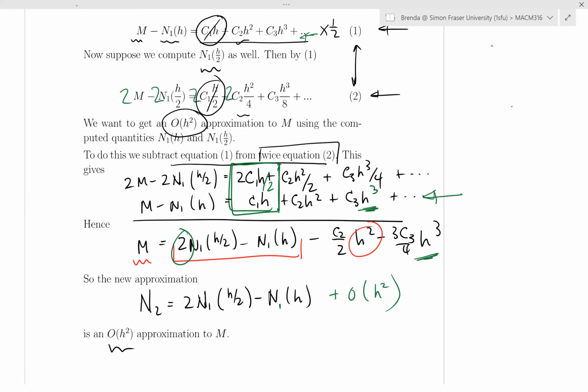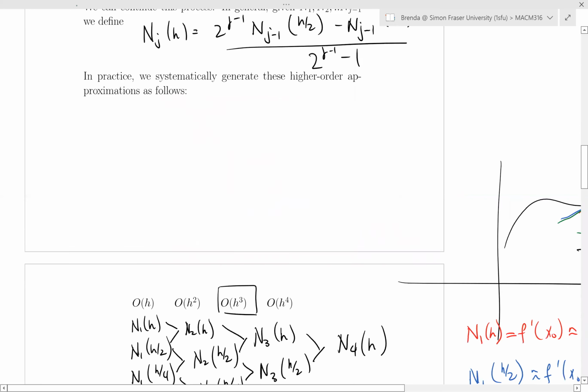Yep, you are correct. I can tell you how this happens, and I have not been able to get it out of my head. I'm writing C3 h cubed, and I'm thinking to myself, the next term is C4 h to the 4, and then the 4 comes down with the 3. It's that thinking ahead. No problem. What you're trying to write at the same time. Okay, let us see this delightful situation in action.